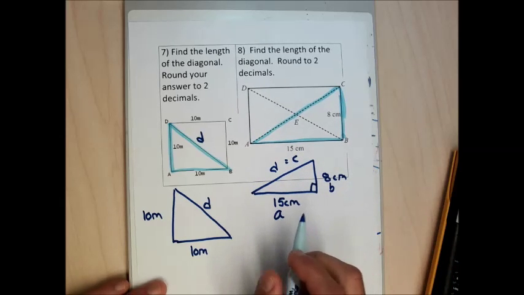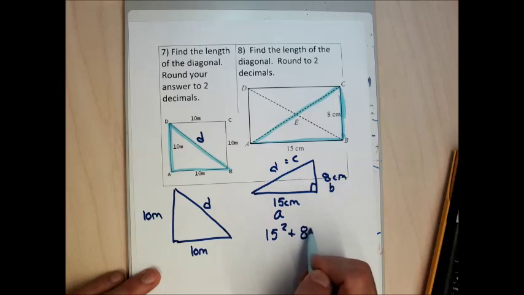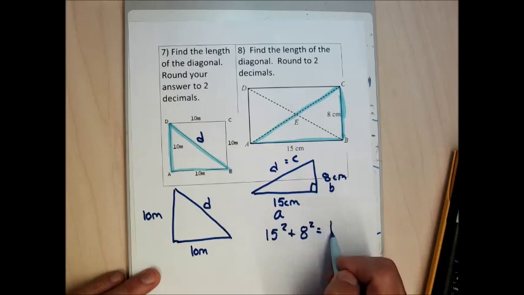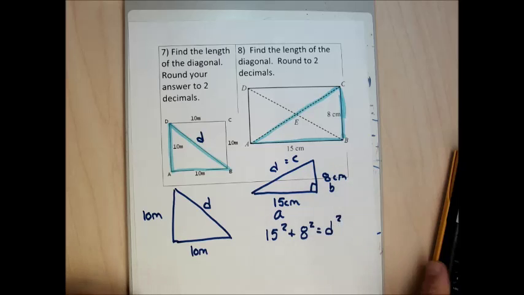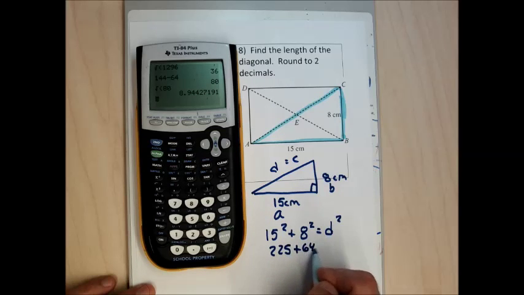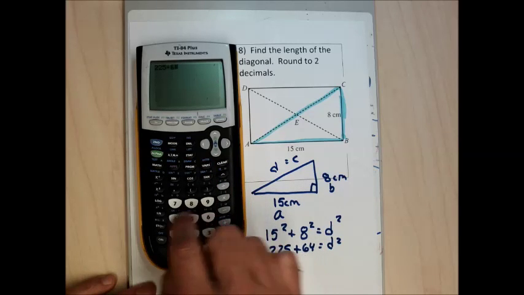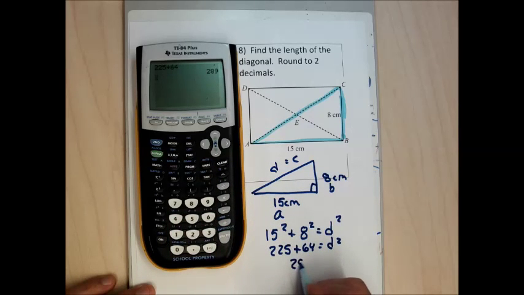And when I go to do the Pythagorean Theorem, I'm going to do A squared, which is 15 squared, plus B squared, which is 8 squared, equals the C squared, which I'm going to write diagonal squared. And now this is going to be 225 plus 64 equals D squared. That gives me 289 equals D squared.